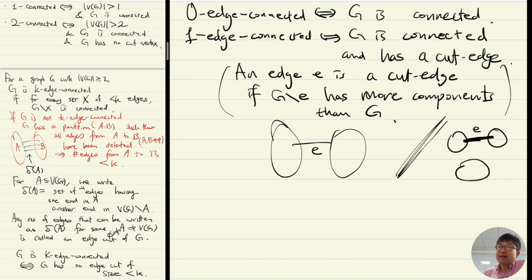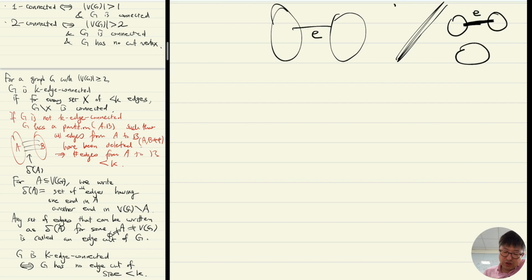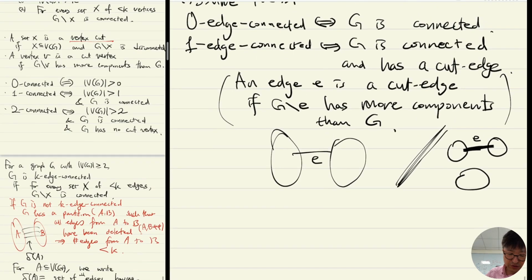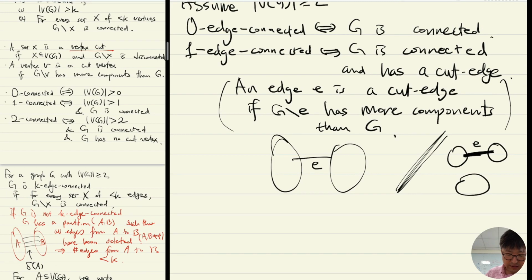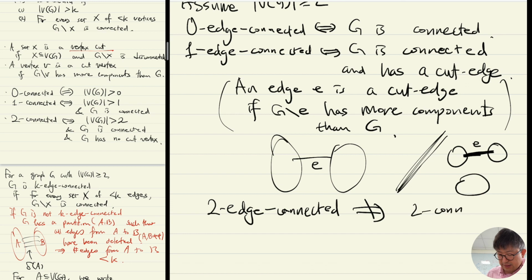All right, now what's the relation between k connected graphs and k edge connected graphs? Let's compare these two. It's easy to see that two edge connectedness does not imply two connectedness.